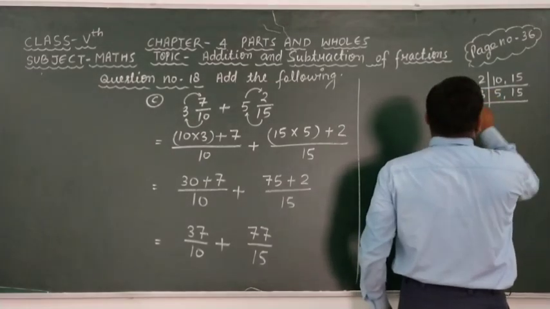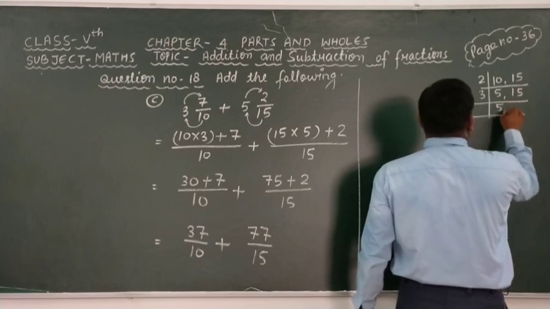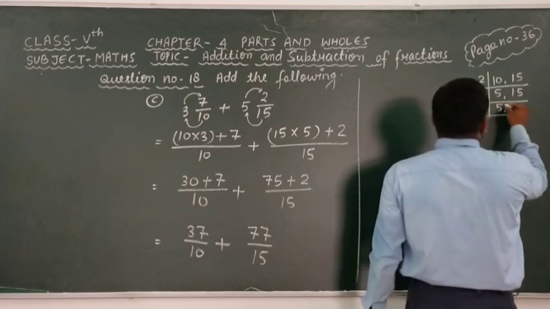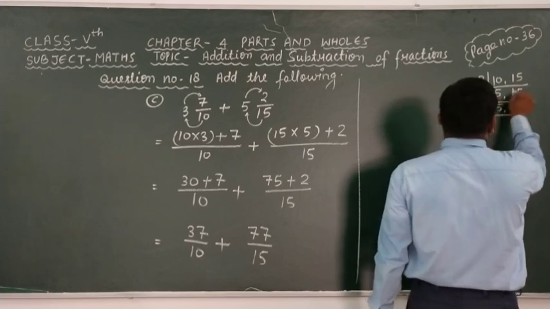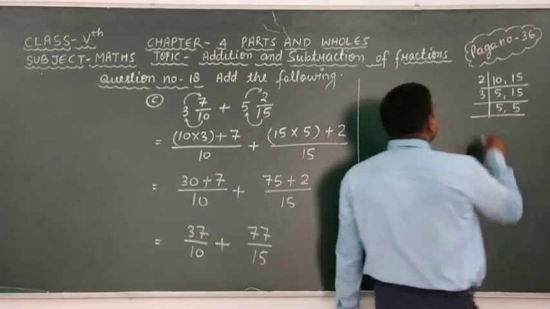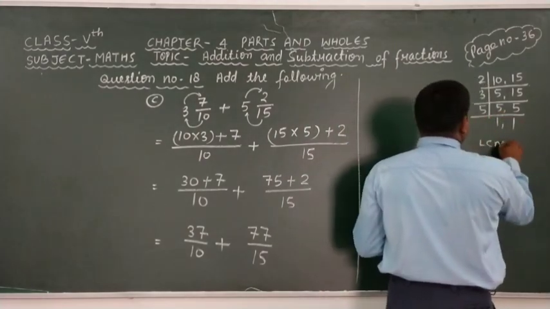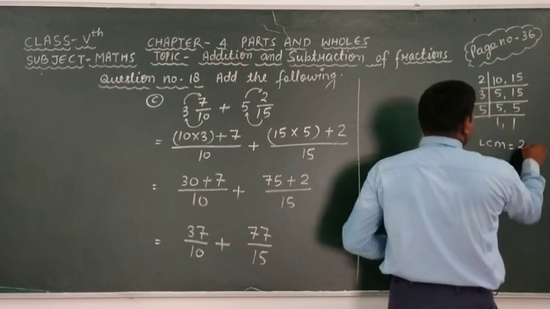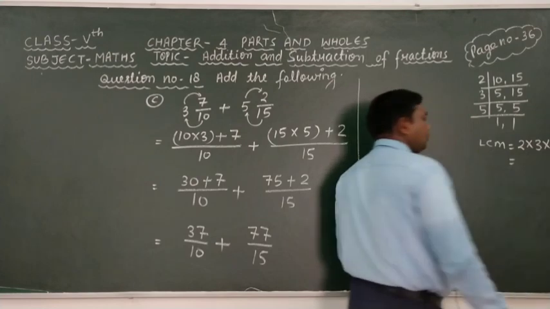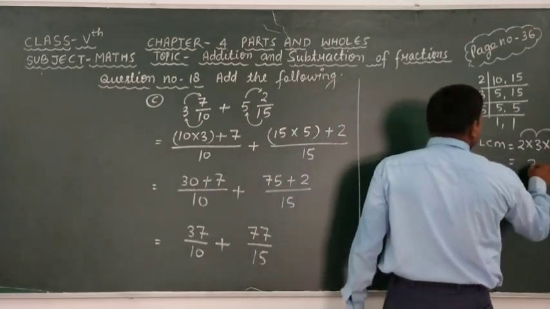Again we take 3. 5 is not divisible by 3, therefore we take 5. 15 divided by 3 is 5, 5 divided by 5 is 1. Then LCM is equal to 2 into 3 into 5. 2 times 3 is 6, 6 times 5 is 30.